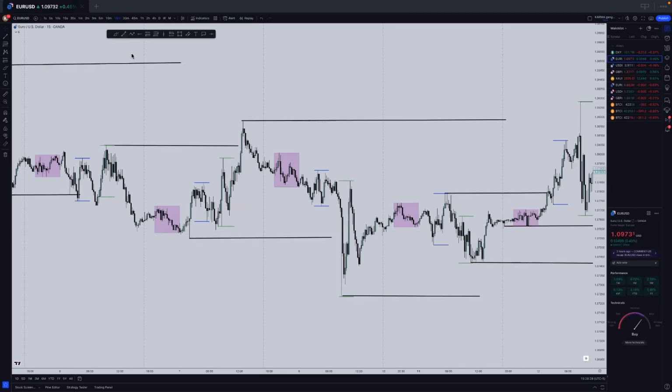It's not that hard. So for session, this is Asian session high, Asian session low, right here. Okay. This is the lowest low of Asia. Then we have London high right here.